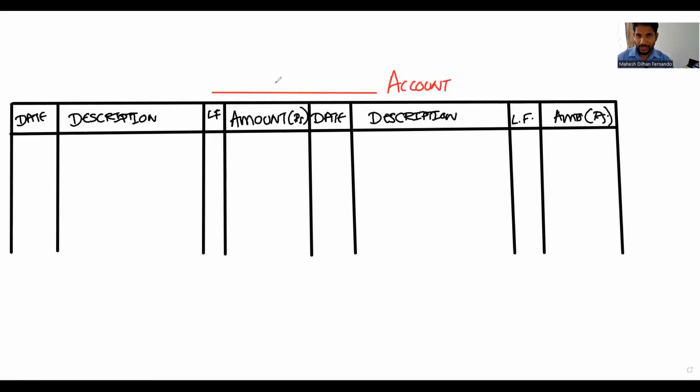Let's say it is cash. Let's say it is sales. You have to write sales account. Purchases account. Electricity account. Water bill account. Right. And this is how you draw a ledger account. What are the columns? Can you remember the columns? Date, description, LF, amount. Again, date, description, LF, and amount.